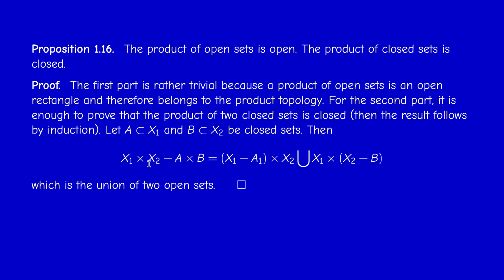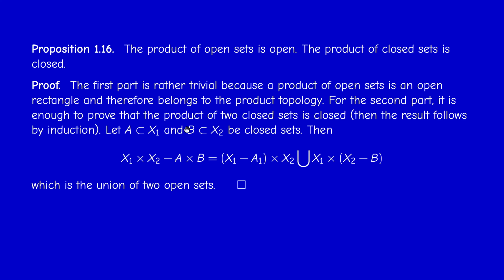Let us say a couple x1, x2, small x1, small x2, is not in A times B. It means that either small x is not in capital A or small y is not in capital B. So it's (X1 without A) times X2, union X1 times (X2 minus B).